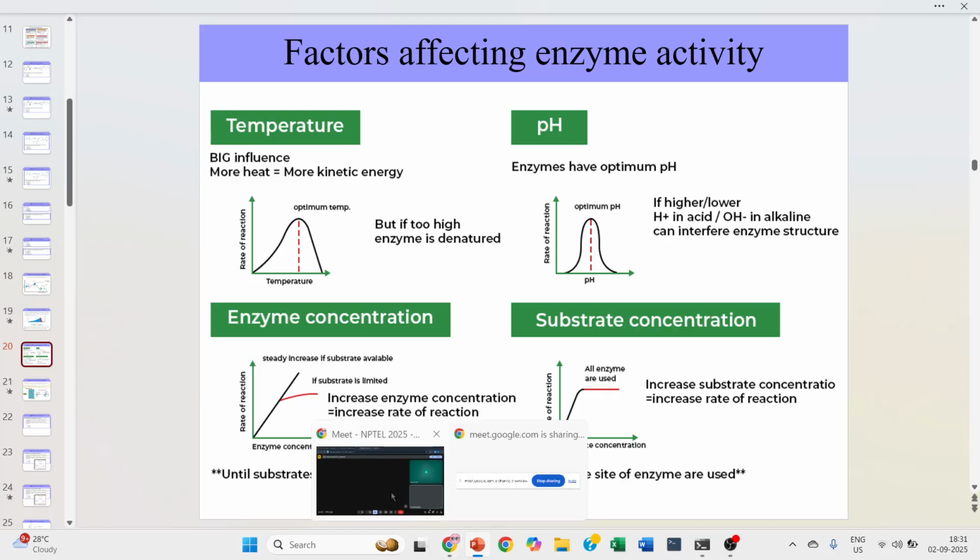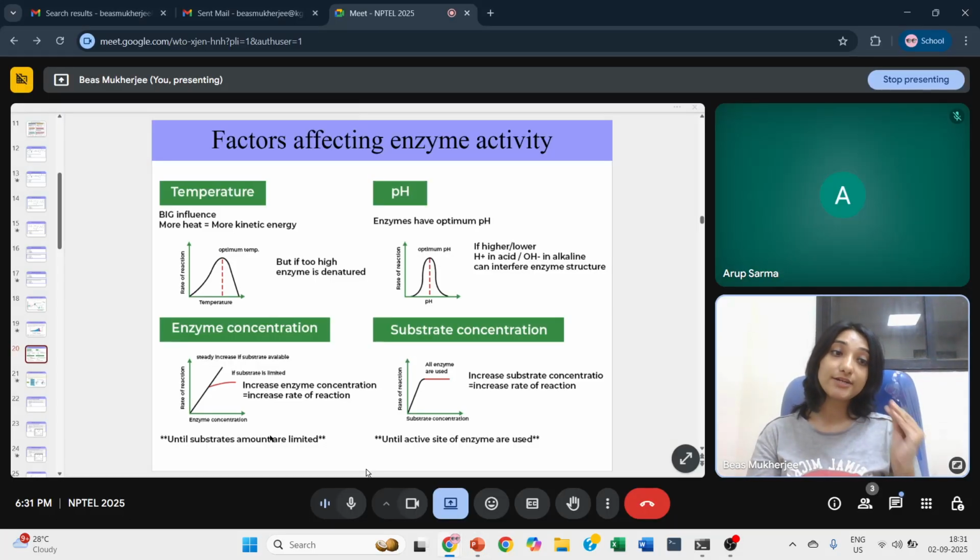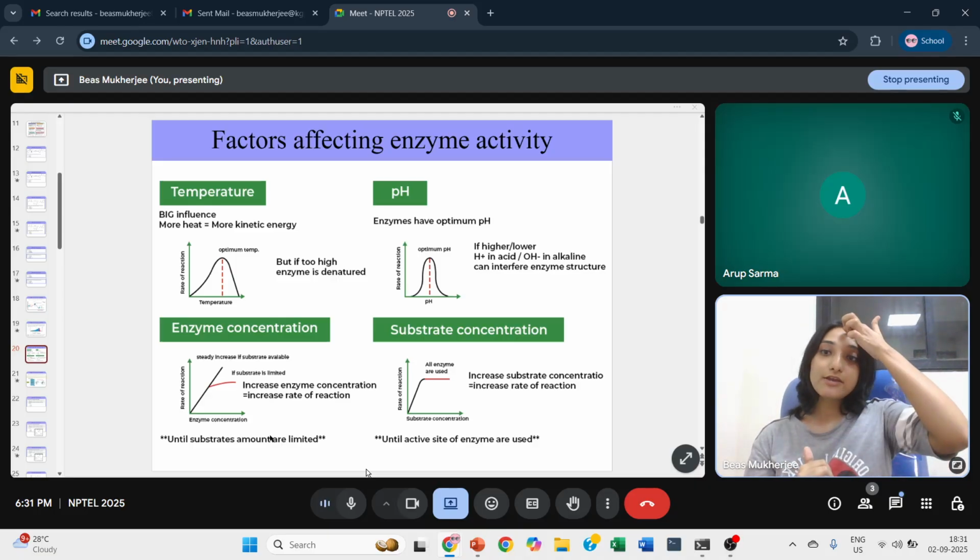Right, so we have graphs, we have curves for all the different parameters, be it temperature, pH, enzyme concentration, or substrate concentration. Now these graphs you have to remember. Okay, graphs you have to remember. So temperature is a big influence.